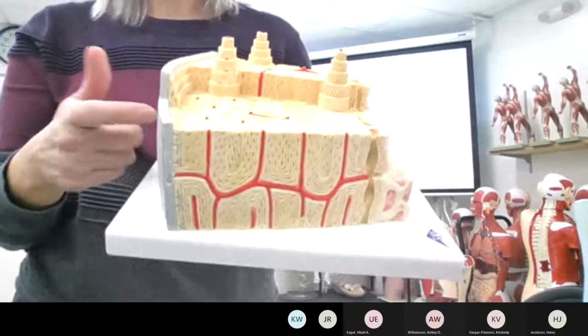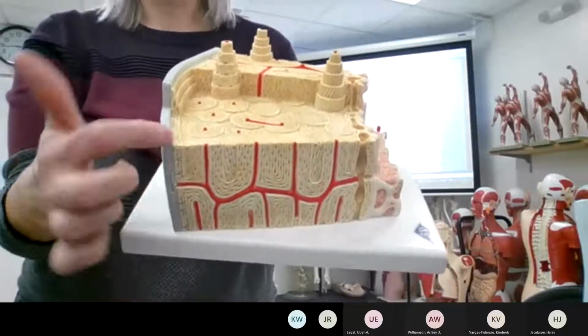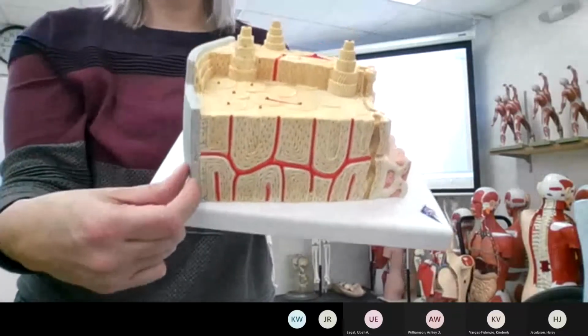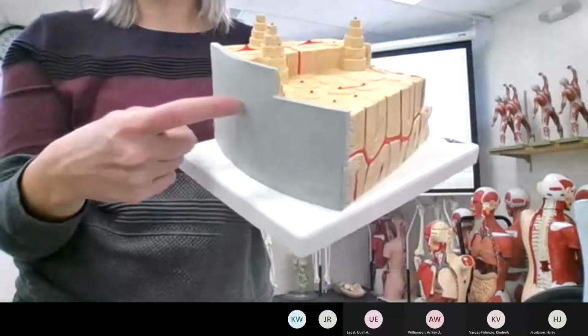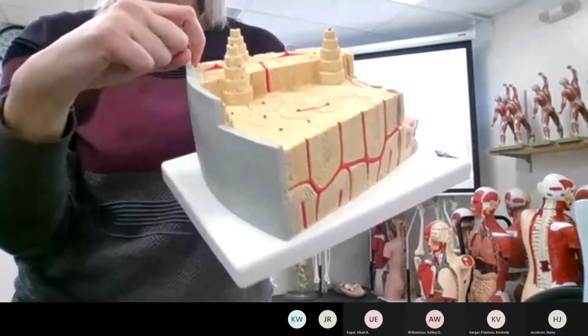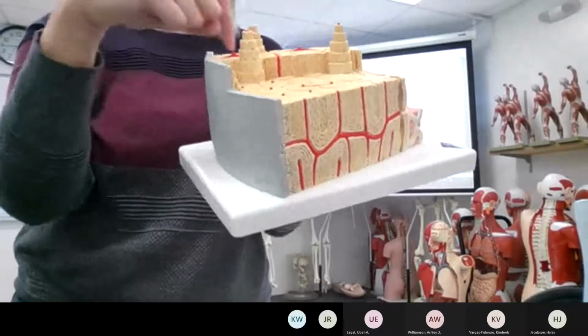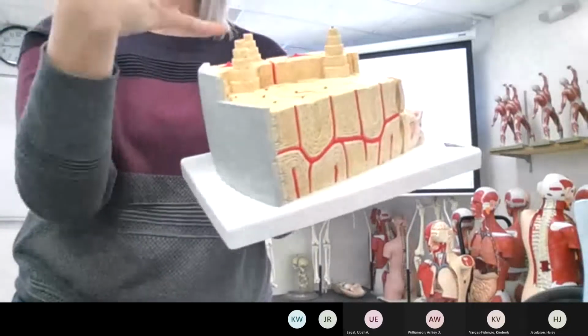Like cartilage, the outer part of the bone is technically connective tissue. This is your periosteum, for around your bone. So this here is dense irregular connective tissue, and then there's a cell layer. And we'll learn that cell layer is a mix of osteocytes that can become more bone making or bone taking away.